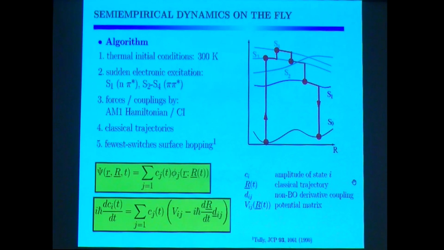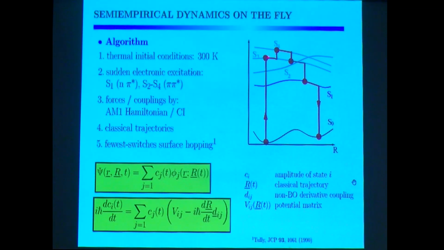In order to describe the switching process, we use something which you probably all know. This is Tully surface hopping. So in this case, we really want to let all the atoms move, and that we cannot afford fully quantum mechanically. And therefore we treat them classically, but we allow for transitions between the various excited states. So for instance, in the case of azobenzene, we start from this trans minimum, which is lower in energy than the cis minimum.